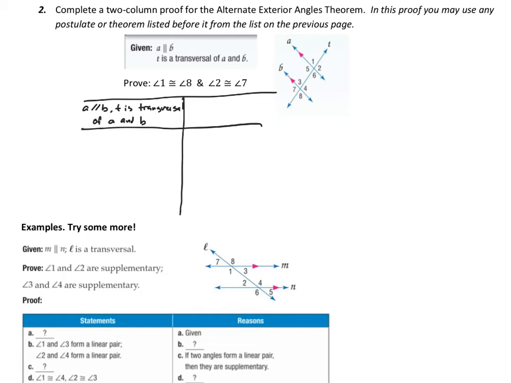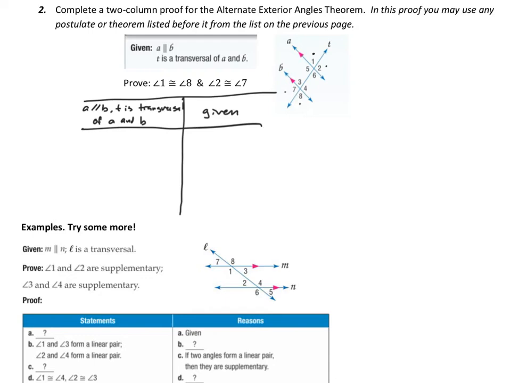All right, and this is our given. Now let's look at our picture. I need to prove that angle 1 is congruent to angle 8, and that angle 2 is congruent to angle 7.